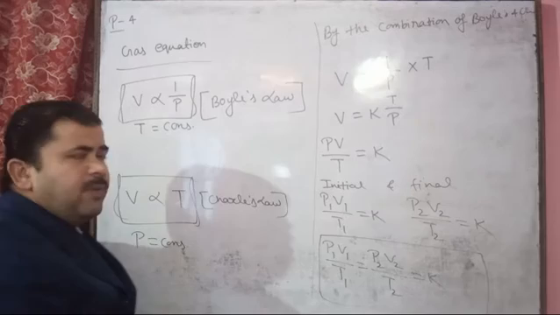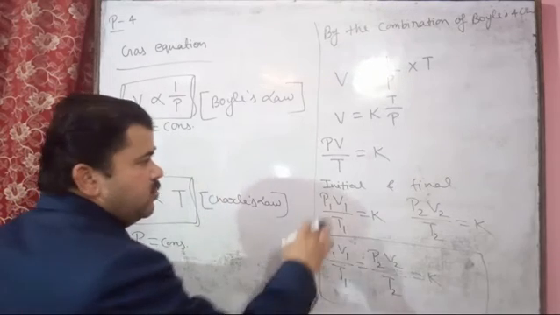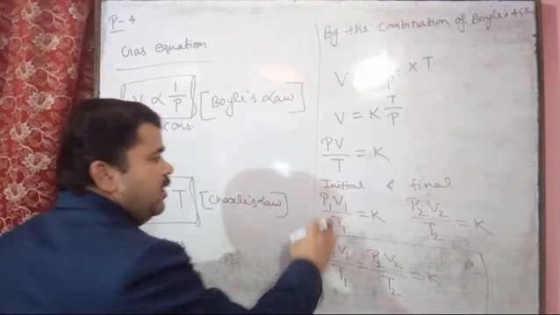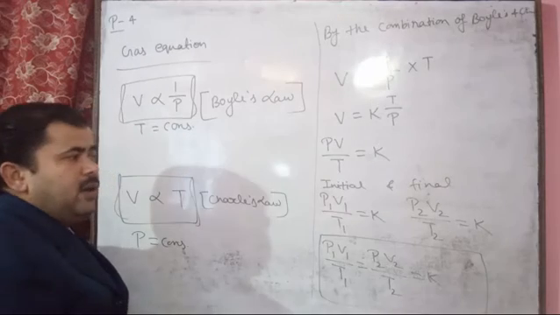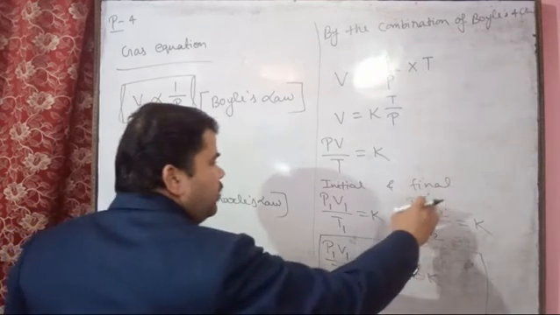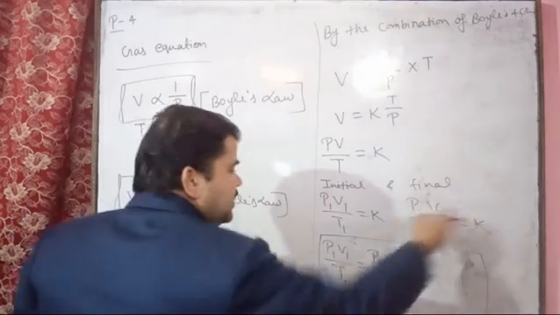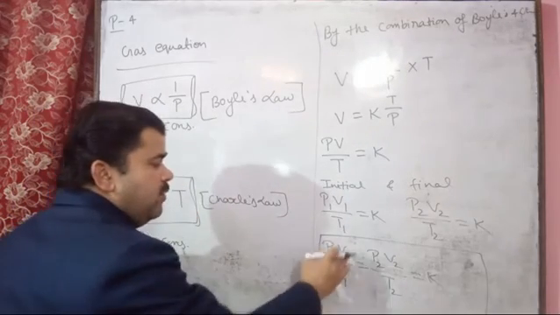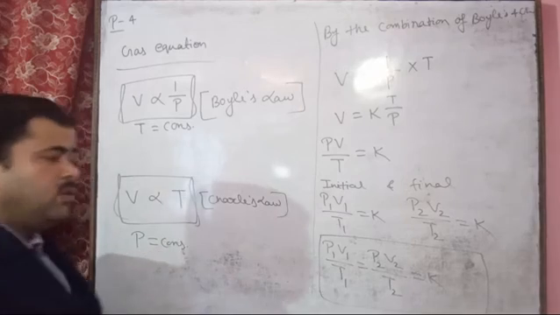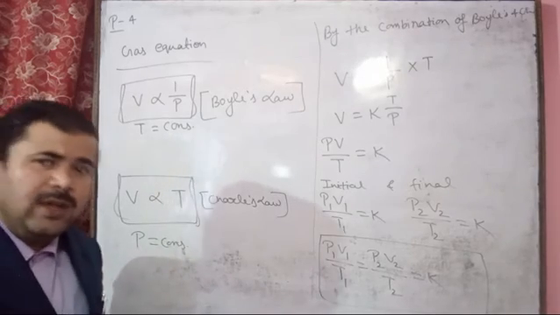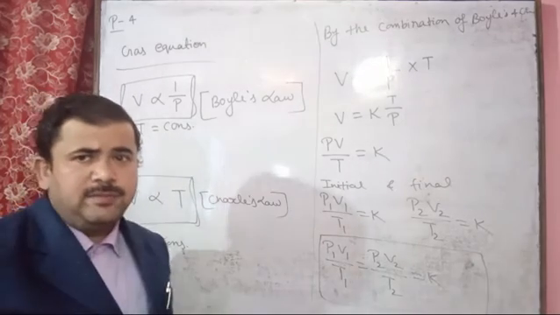Then the initial and final condition of the gas. For the initial condition, P1 V1 upon T1 equal to K, and for the final condition, P2 V2 upon T2 equal to K. Then K is the same, so we can write P1 V1 upon T1 equal to P2 V2 upon T2 equal to K. So this is the gas equation.